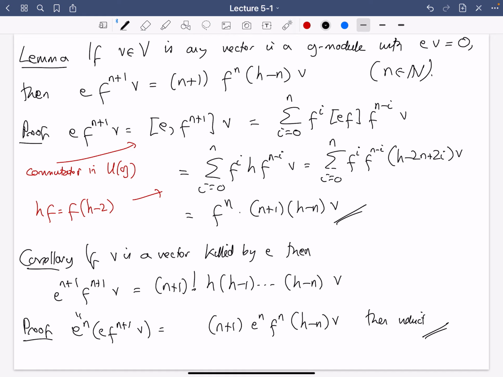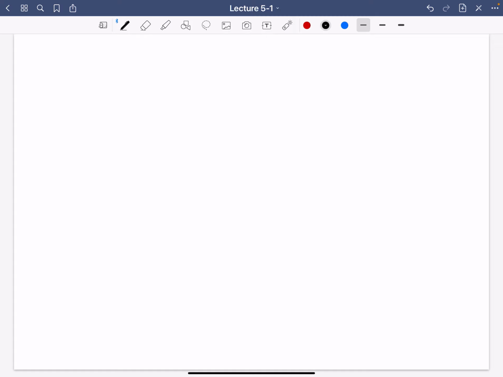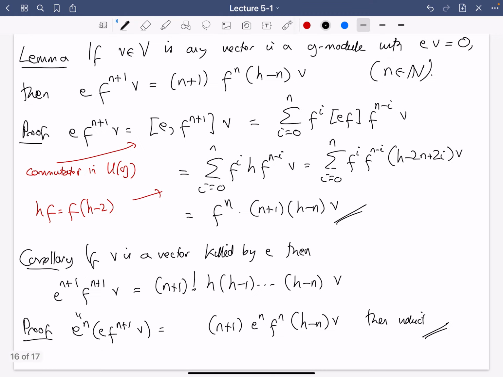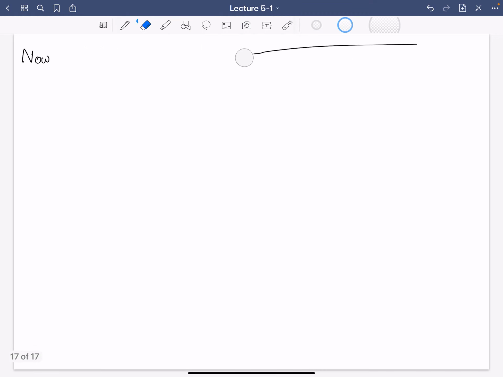Okay, so those are our calculations. I think they're not too bad to do. Now, towards the classification of finite dimensional representations of SL2. I'm going to take some complex number lambda.